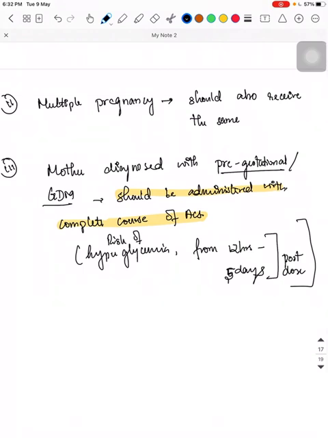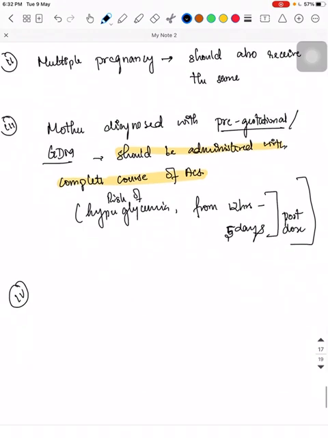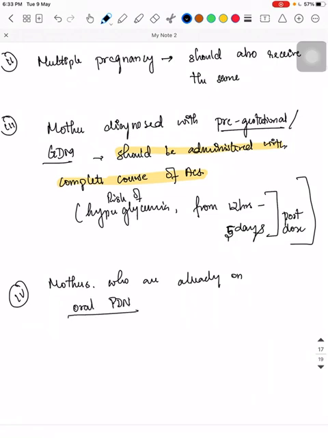Fourth consideration is, even when the mother is on oral prednisolone, she should also receive the same parenteral dose of dexamethasone or betamethasone. So mothers who are already on oral prednisolone should also receive the same parenteral dose.